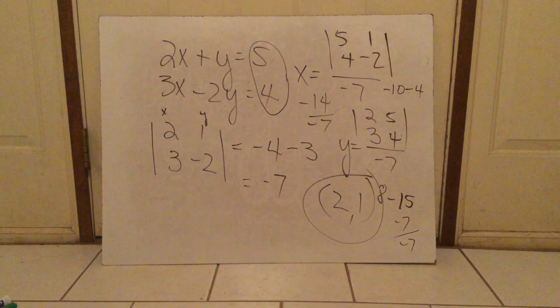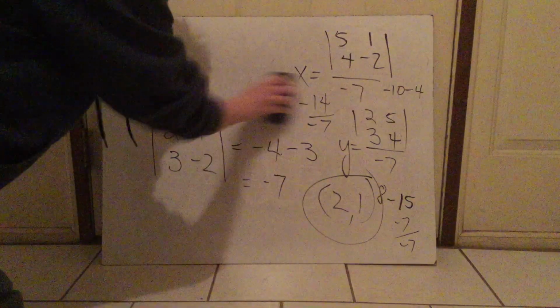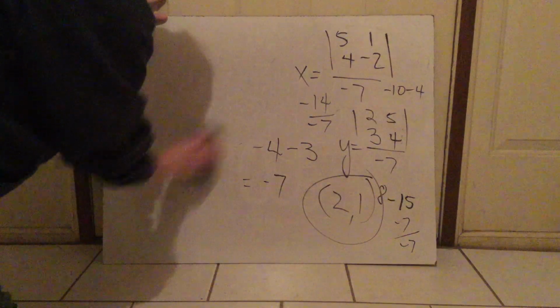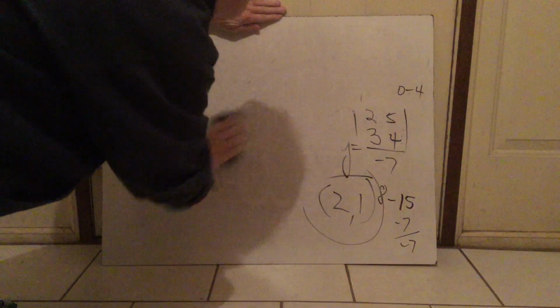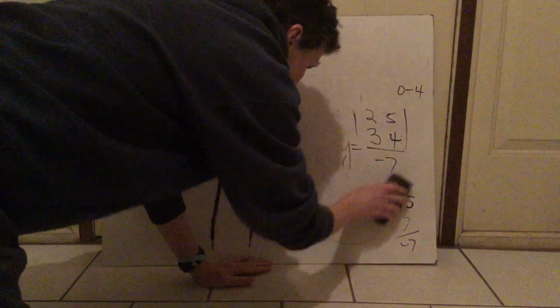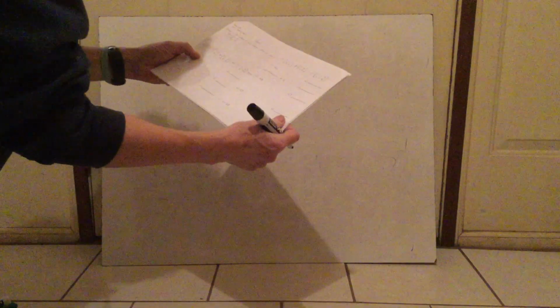Okay? All right. So next, we have some matrices and we're supposed to be doing some operations with them. So let's see what we're doing here. I'm on my Matrix Basics sheet.